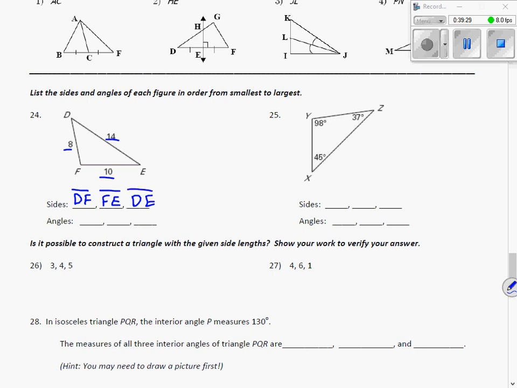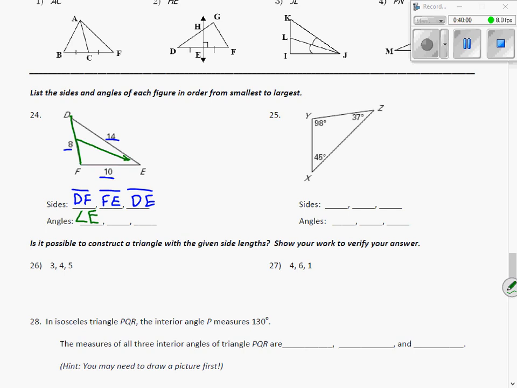The angles, since I only have one angle at each corner and don't have a bunch of intersecting lines, I can just call them by one letter, angle whatever. Well, if DF is the shortest side, then angle E is the smallest angle.